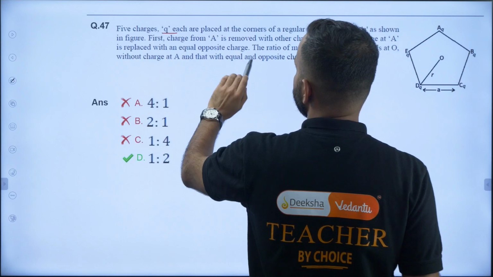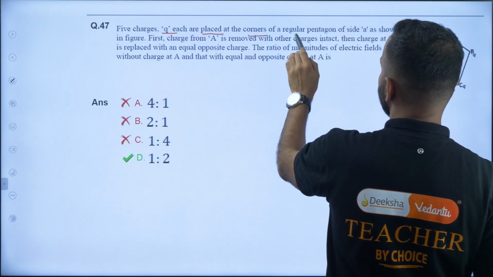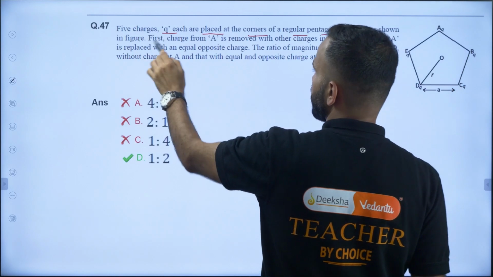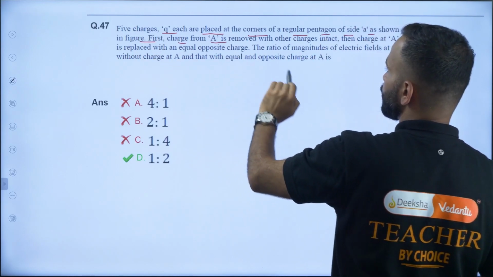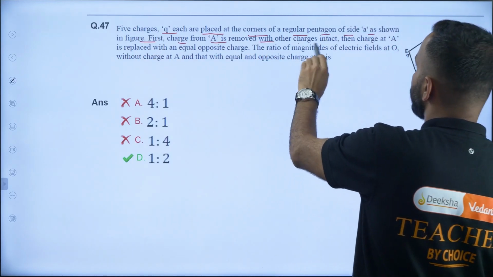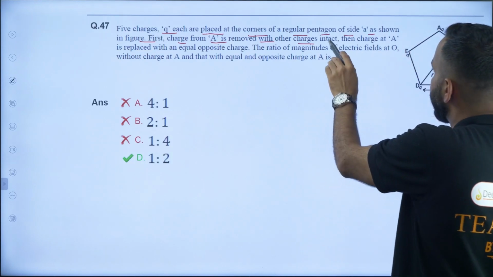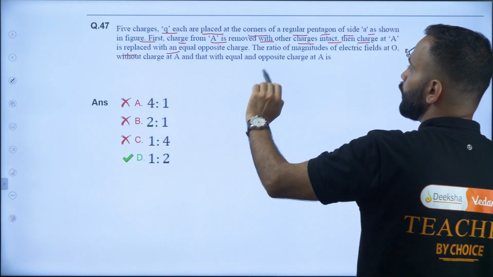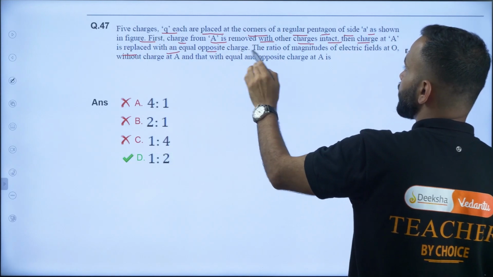Question number 47. 5 charges Q each are placed at the corners of a regular pentagon of side A as shown in the figure. The charge at A is removed with other charges intact, then the charge at A is replaced with an equal opposite charge.